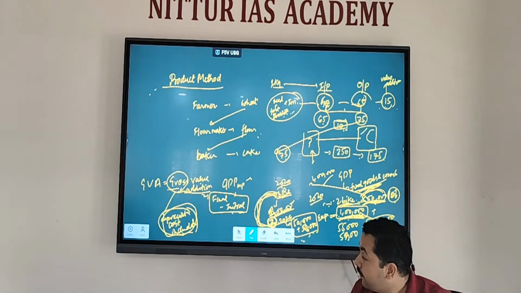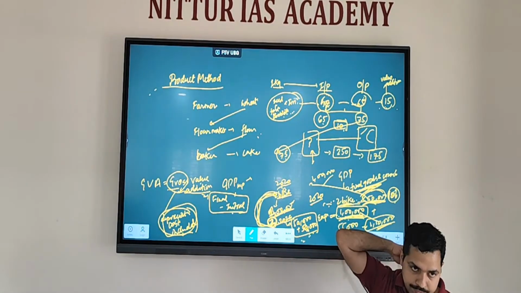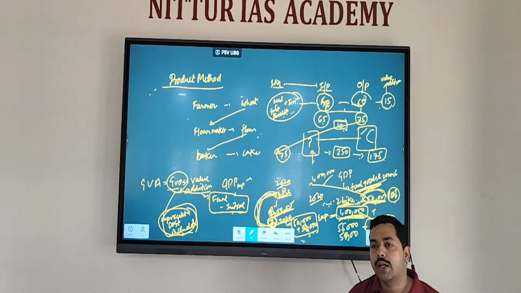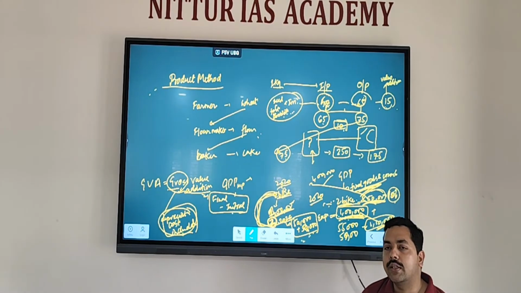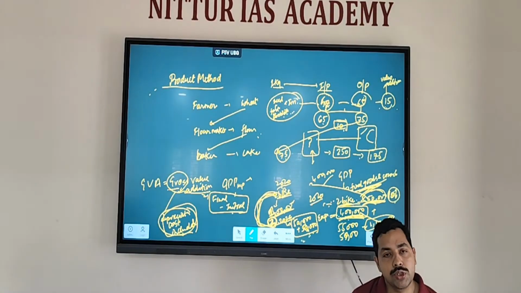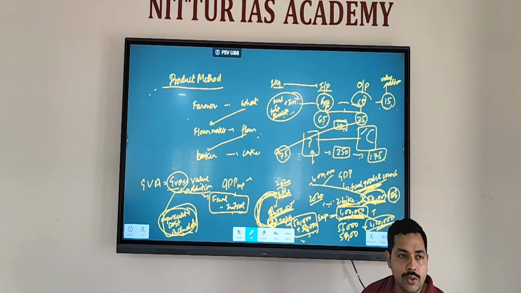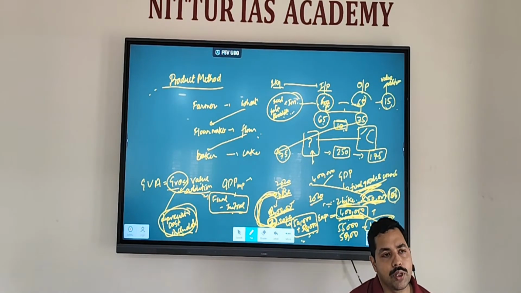So if there is more value addition being done, then what will happen? Then that sector, that economy, that industry is in good shape. If less value addition is being done, then that is in bad shape.